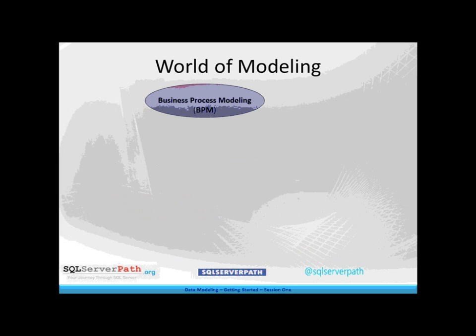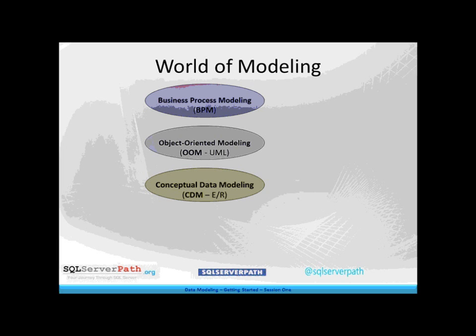So in terms of modeling for information solutions or for any product, there are many kinds of modeling, like business process modeling, object-oriented modeling, conceptual data modeling, and physical data modeling. Many people, in my experience, see modeling as something like documentation, or a bottleneck to rapid development, or they say it's too expensive.